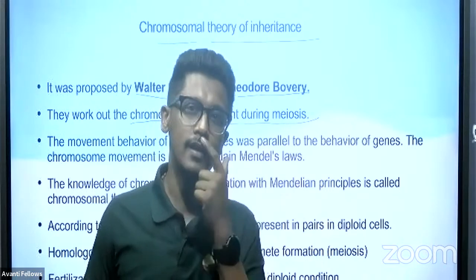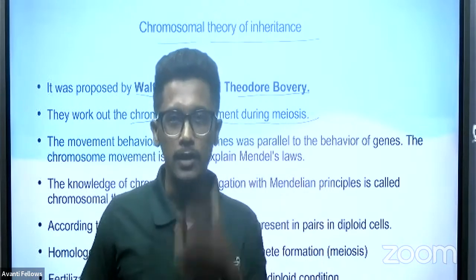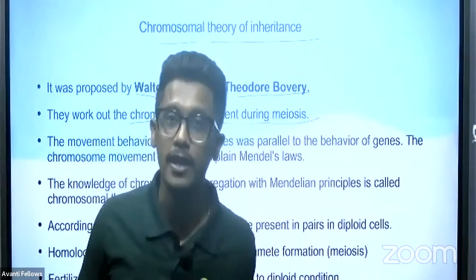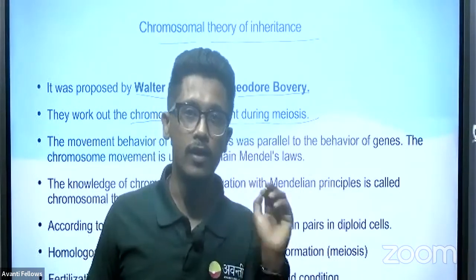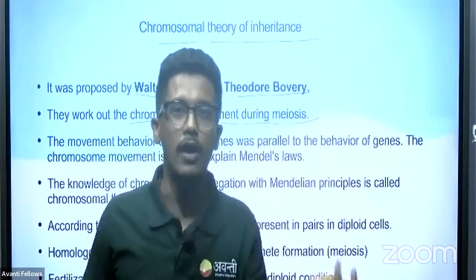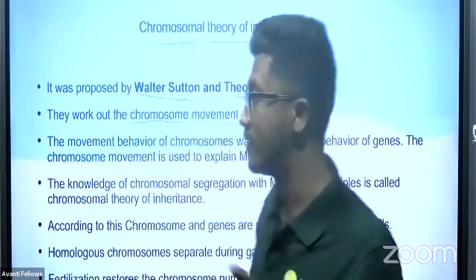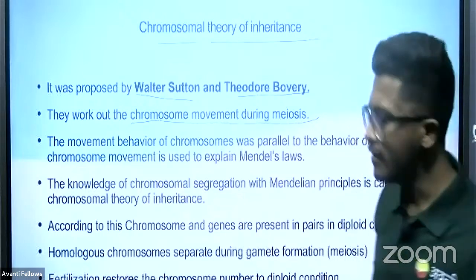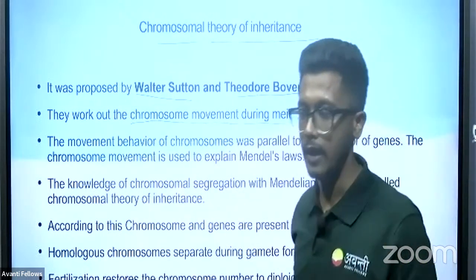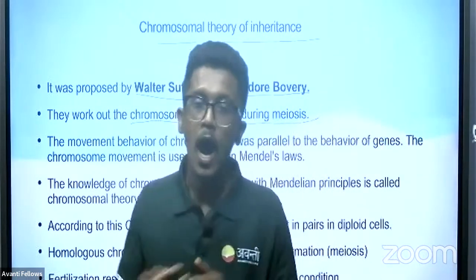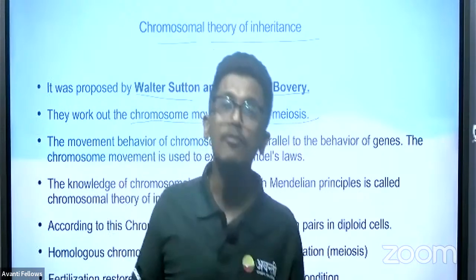Only in meiosis you can see that there is halving, correct? 2n will give rise to n, or haploid cells. So this behavior of chromosomes, from diploid to haploid, how they are becoming half, and then again fertilization, correct?